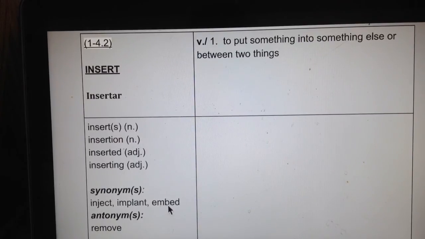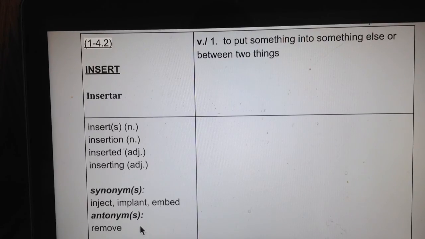It means we're going to try to send a U.S. spy over there and somehow get them into the Russian government. That's implant. Or embed. The antonym we give you is remove.